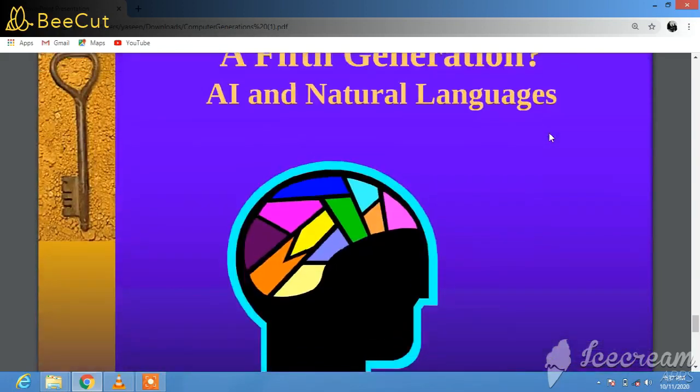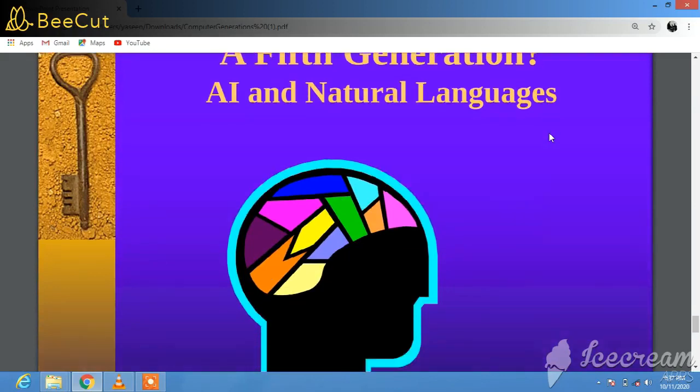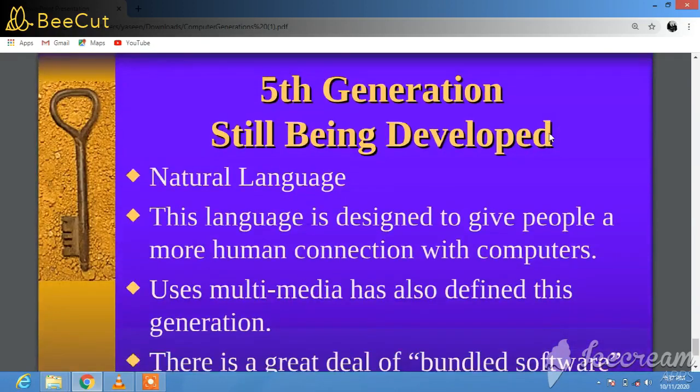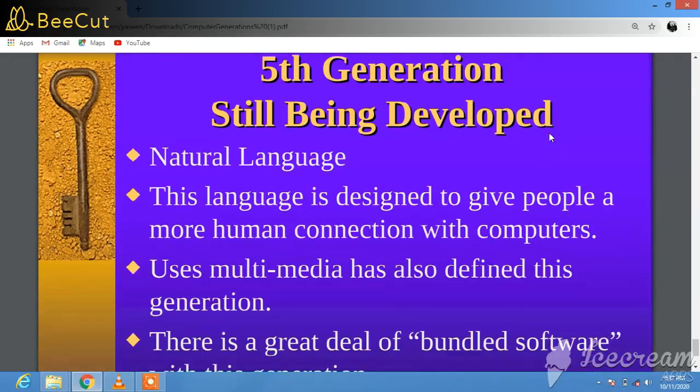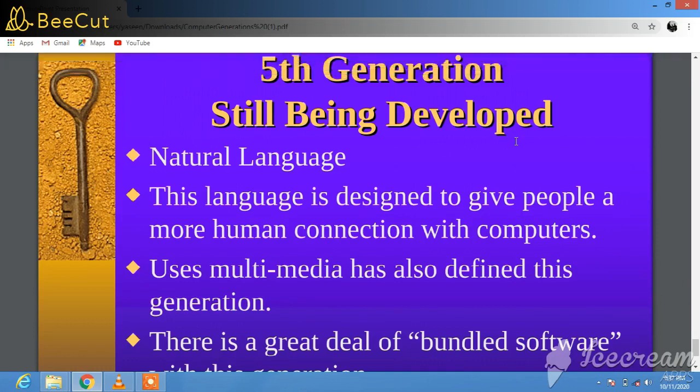In the fifth generation, very large scale integration technology is used. This generation is based on parallel processing hardware and artificial intelligence software. Artificial intelligence is an emerging branch of computer science, which interprets the means and methods of making computers think like human beings.